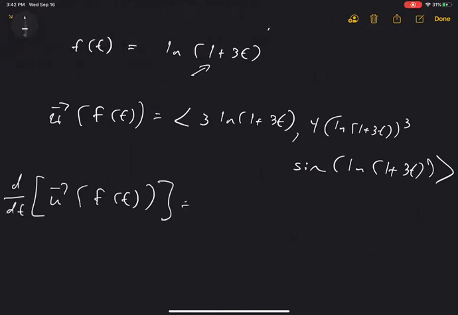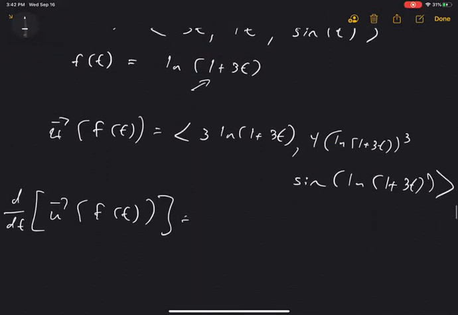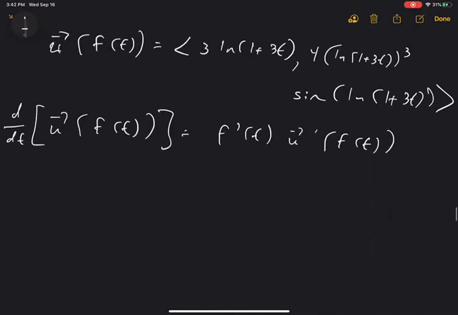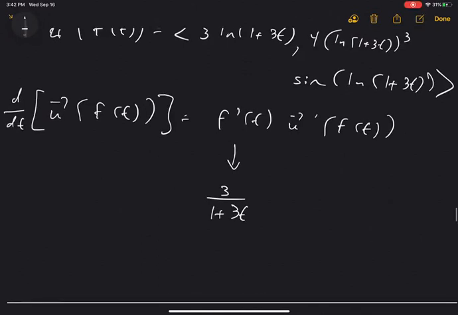It's going to be f prime of t times u prime of f of t. What is f prime? Well, f of t is ln of 1 plus 3t, so f prime of t is going to be 3 over 1 plus 3t, right?